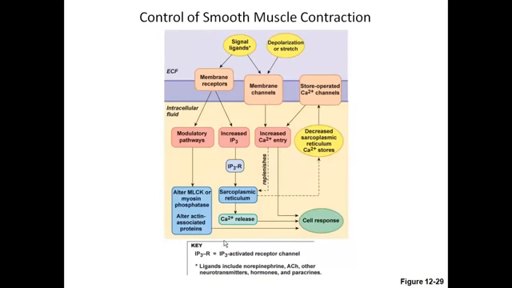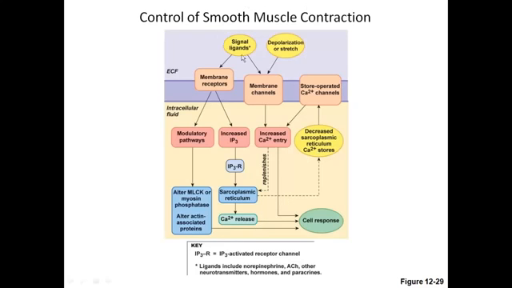So controlling smooth muscle contraction can occur via many pathways. So for skeletal muscle, remember that it's dependent on an action potential from a somatic motor neuron causing depolarization of the skeletal muscle cell. That's how we get a contraction. There's no other way to get a contraction. Smooth muscle, okay, can respond to other signals besides a depolarization response.